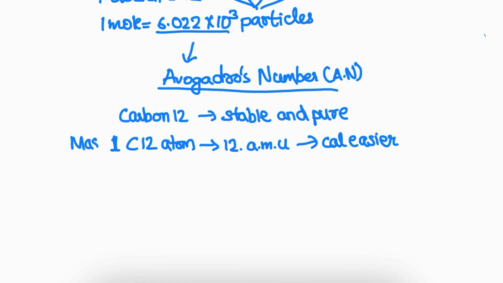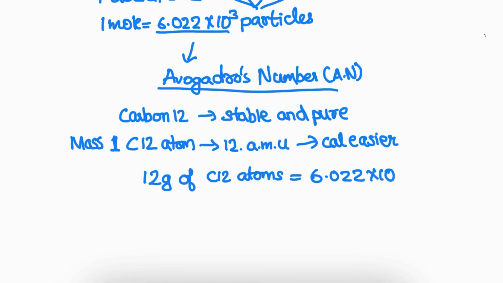So they chose carbon-12, which has a mass of 12 atomic mass units for 1 C12 atom. They took 12 grams of C12 atoms and calculated the number of atoms inside that.